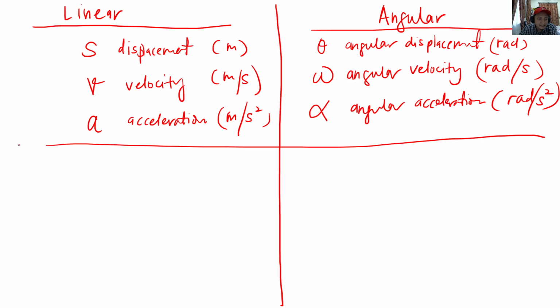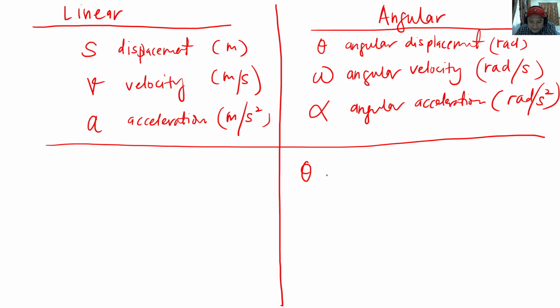If your motion is undergoing constant acceleration, for displacement, you know already what to do. These are pretty much very clear. So for angular displacement, I'm going to explain angular displacement better.